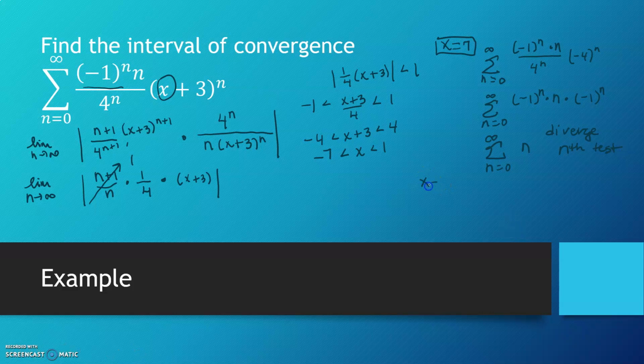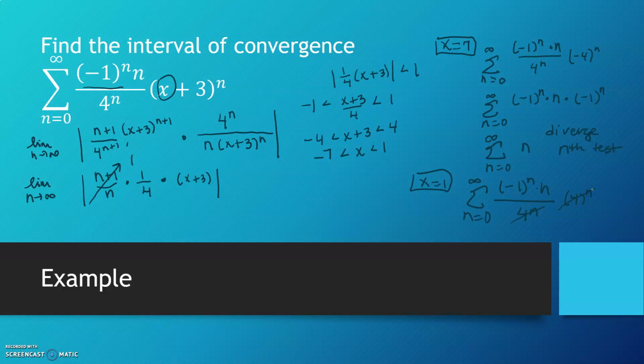So then if I do the same thing for x equals 1, I suspect it will also diverge, because usually the only thing different is that one of them is alternating. But let's look at it. So if I plug in, n equals 0 to infinity, I have negative 1 to the n times n over 4 to the n. If I plug in 1, I get 4 to the n. These two cancel.